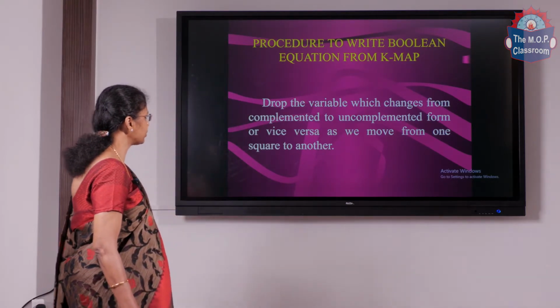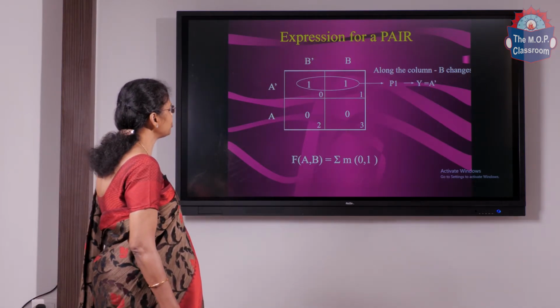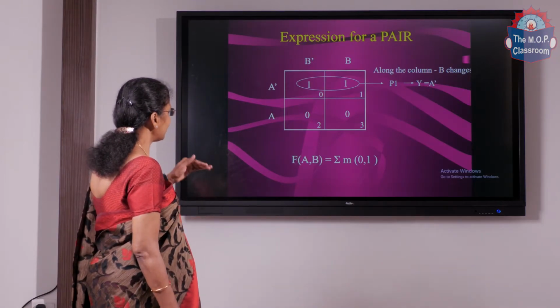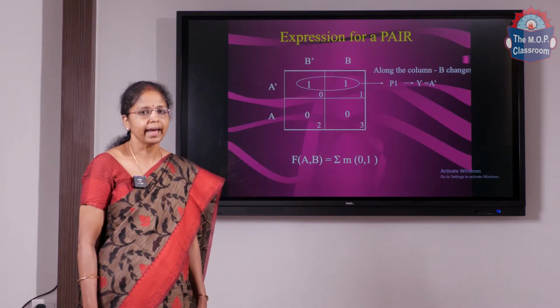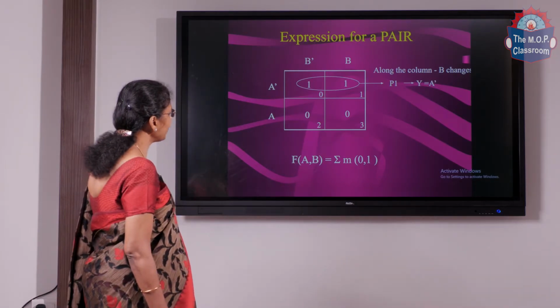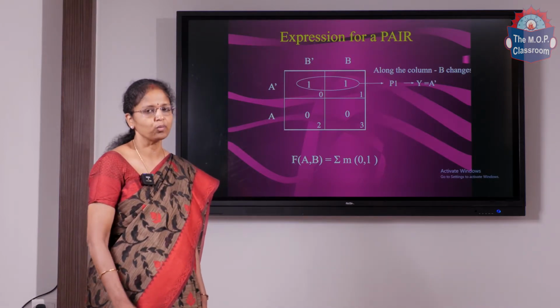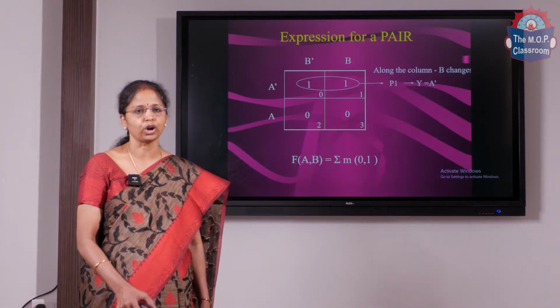Okay, let us go back to our example. So, here we formed a pair, we grouped these 2 ones as a pair. Now, these 2 ones are in row 1 corresponding to the variable A prime. Now, when we move from one square to the next, we are moving from column 1 to column 2.